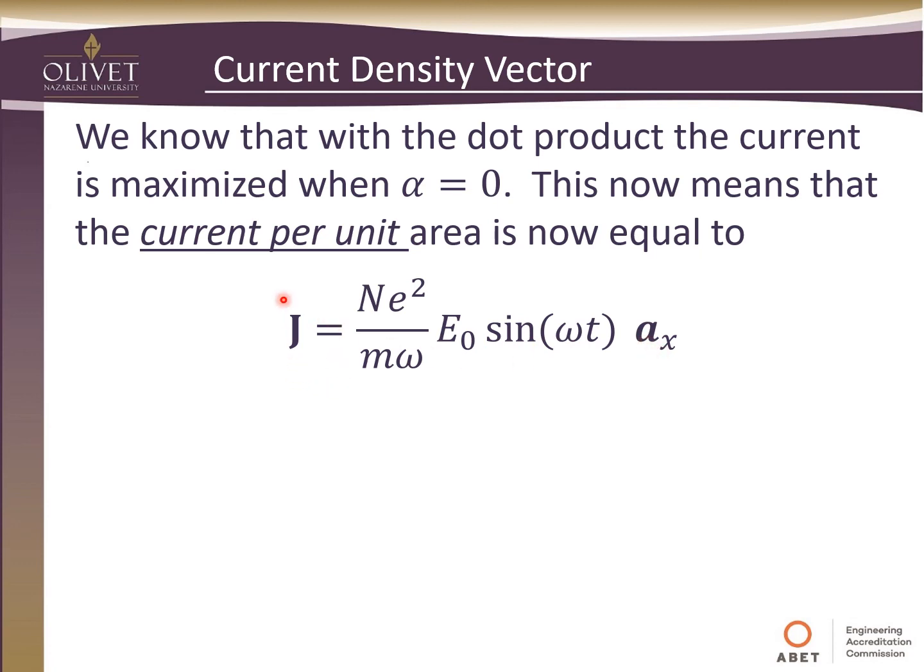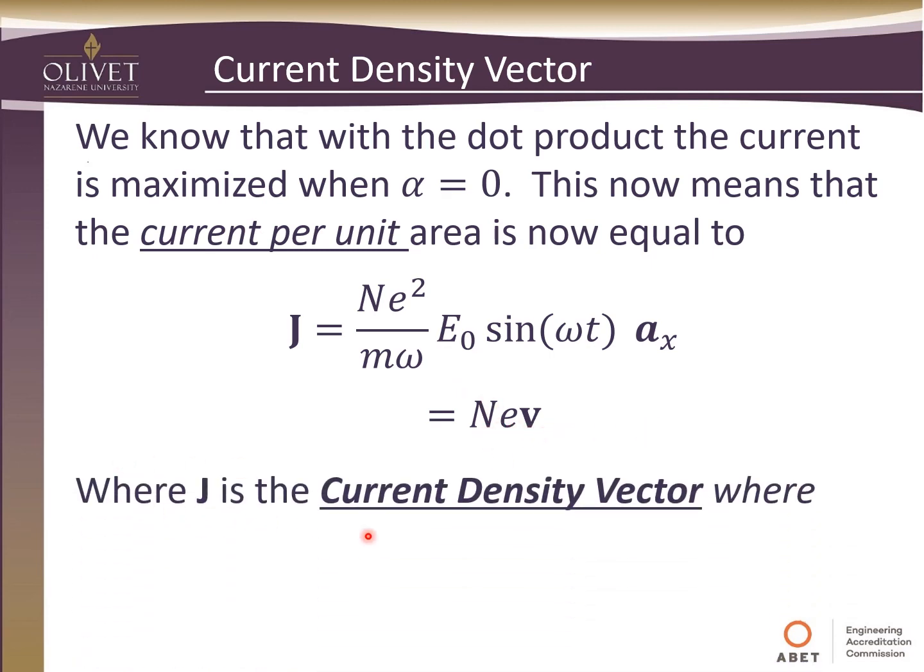And so this new J term is our current density, and just to simplify this, it'll be the number of electrons times the velocity. And again, this J term is a vector. It does have a direction, and so we should refer to this in the future as the current density vector.